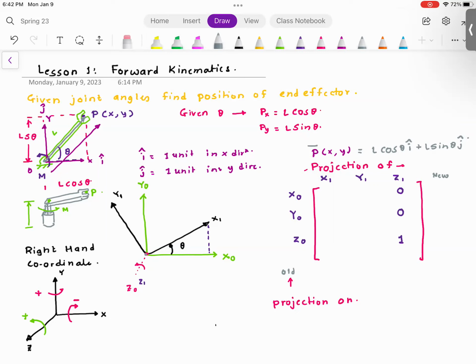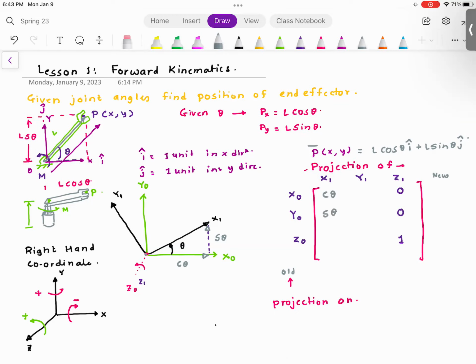So what that means is, I'm going to show the arrows here. This is going to be cosine theta. This is going to be sine theta, which means here comes the punchline. Projection of X1 on X0 is going to be cosine theta, Y0 will be sine theta.